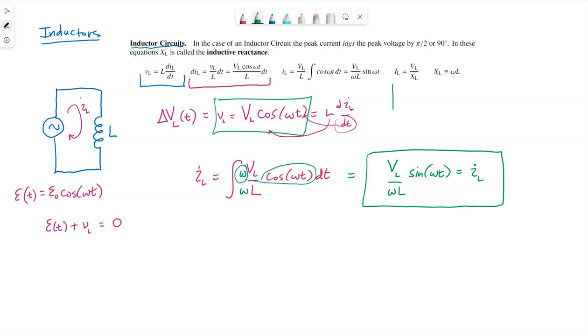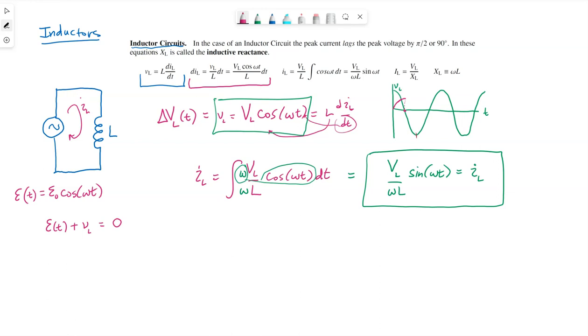So if we were to graph the voltage across the inductor as a cosine function, then the current will be a sine. So it will be a peak when the voltage is 0.